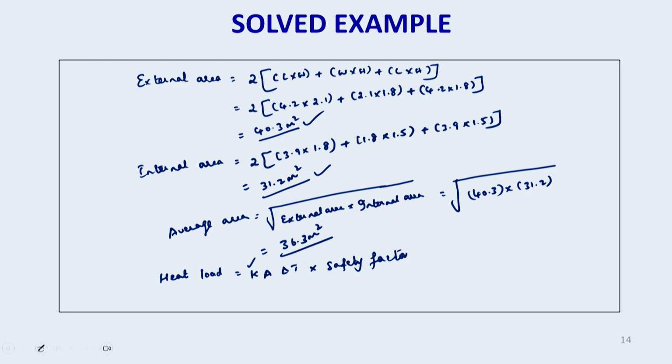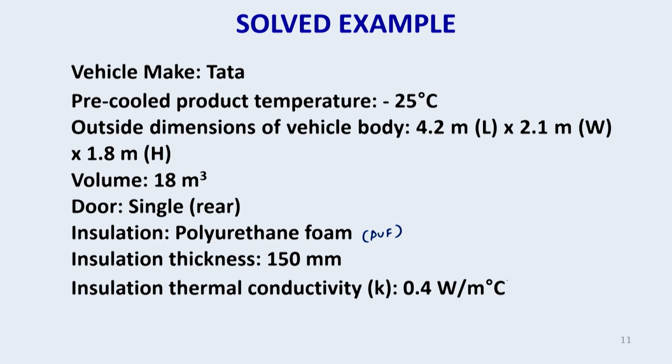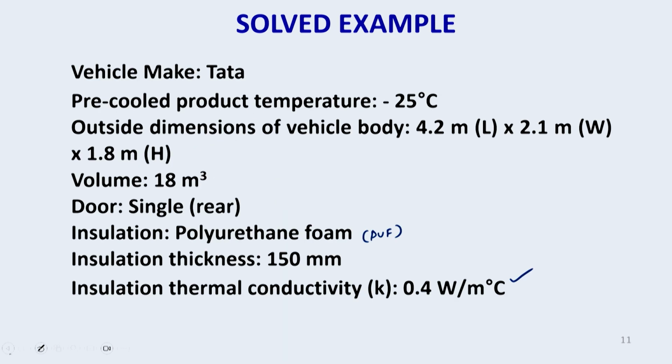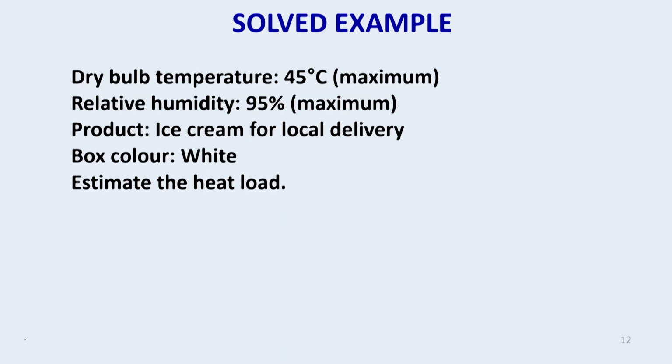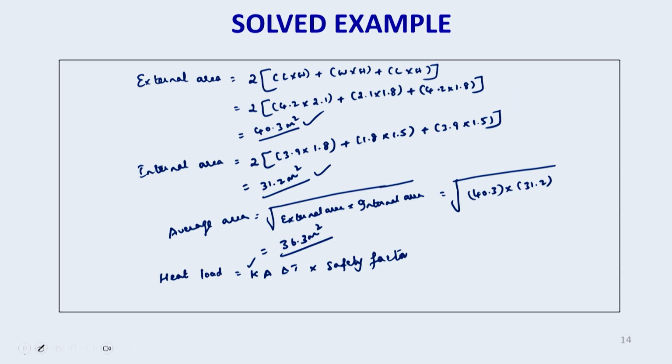K is given, this is the value of the thermal conductivity. Delta T, we know the temperature difference: outside temperature is 45 and inside is minus 25. So delta T is equal to 45 minus of minus 25.